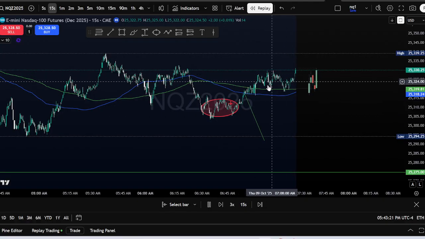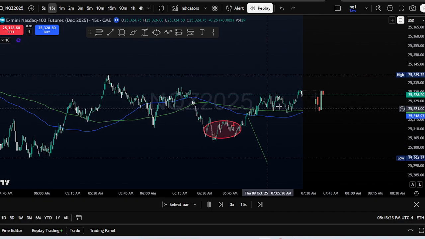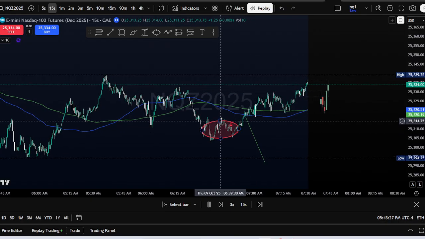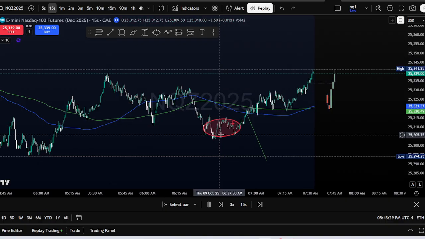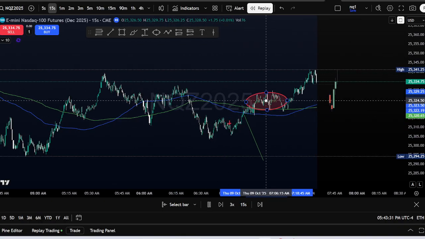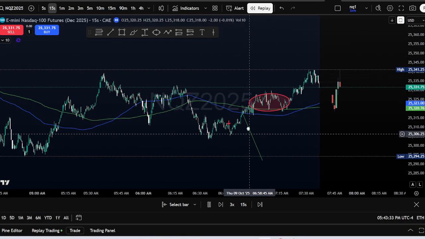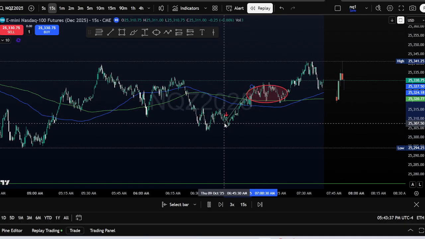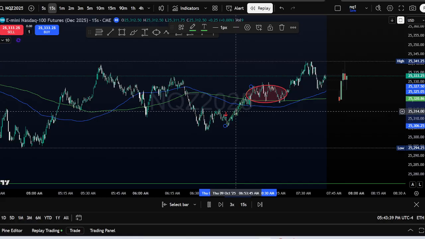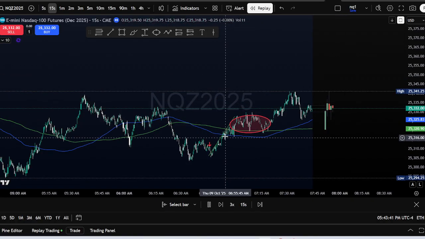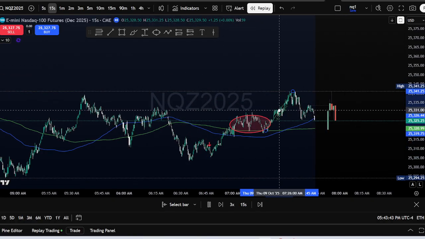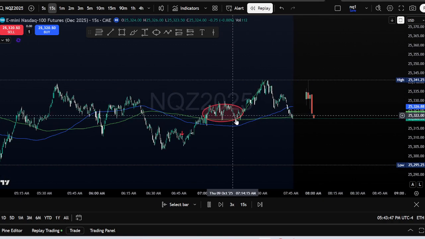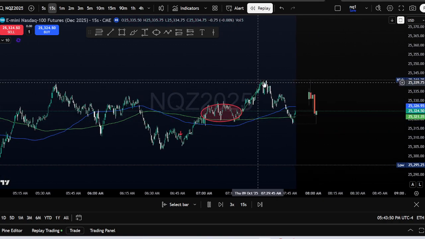See, it's making it to go up, but I'm not bullish. I don't trust it. But, you know, what's the chances that it went exactly that and turned around?